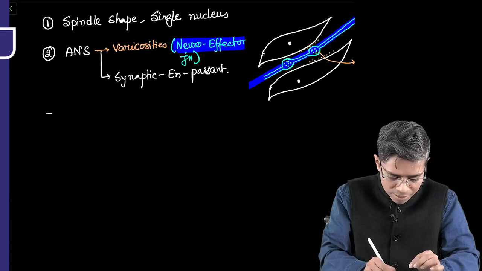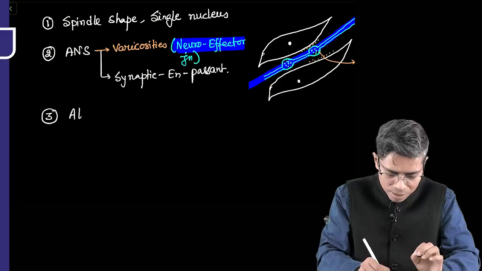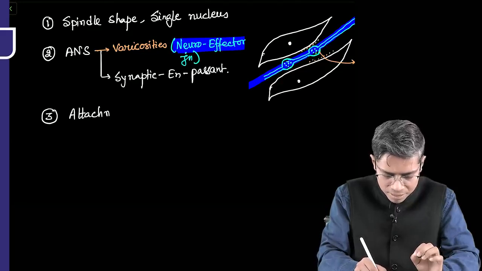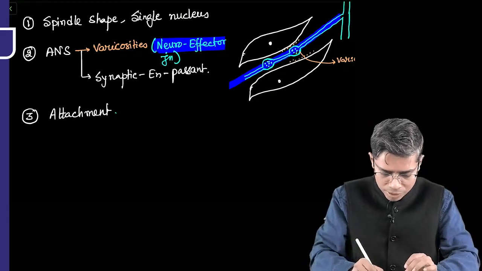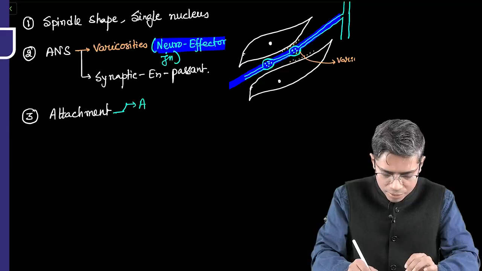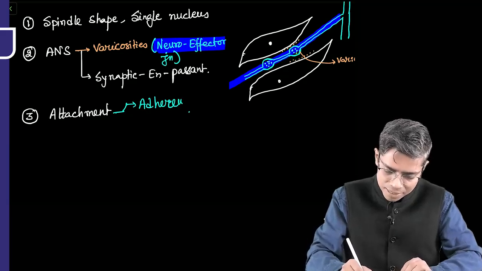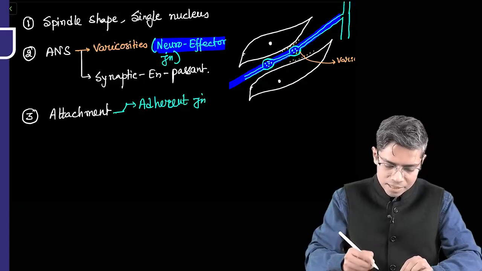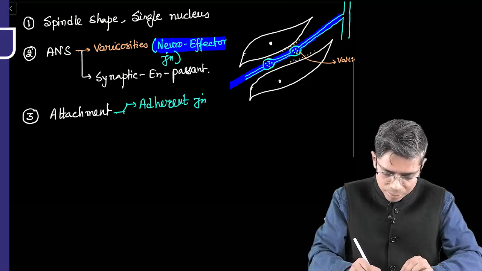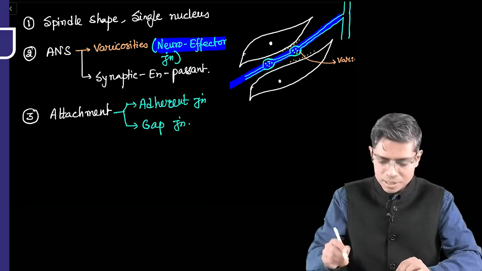Now the third point is that attachment between smooth muscle cells is done by two molecules. One is the presence of an adherens junction. Okay, we have seen earlier what an adherens junction is, and there may also be a gap junction between smooth muscle cells.